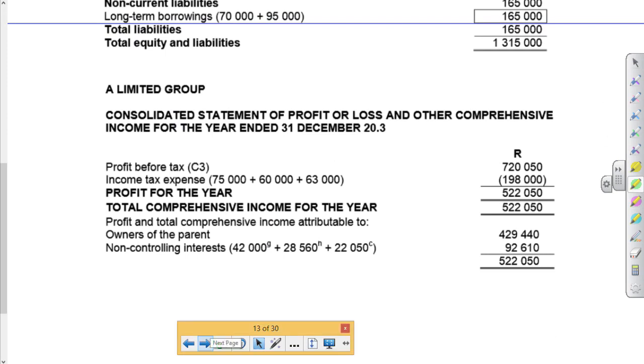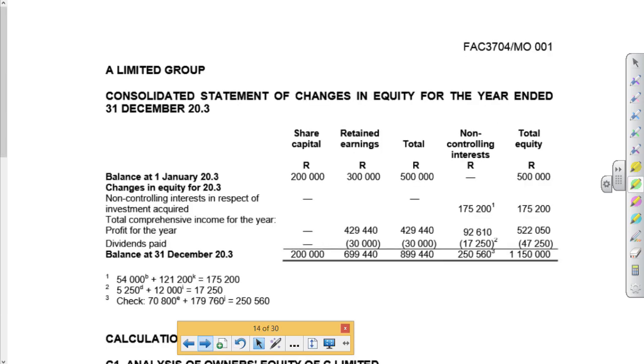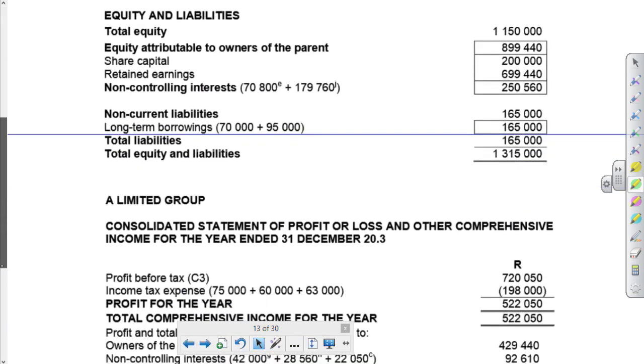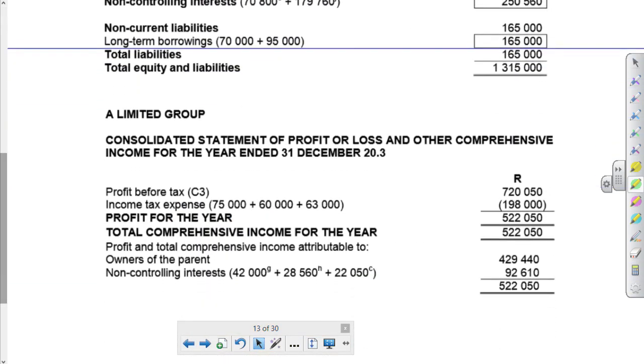It's in retained earnings. Sorry, that bargain is already sitting in retained earnings because of the dates. No, it wouldn't be. It would be in P&L. It was in the current year. Oh, you know what it is? It's in here. Sorry, I'm expecting to see a separate number, but it won't be a separate number. It's sitting in there.